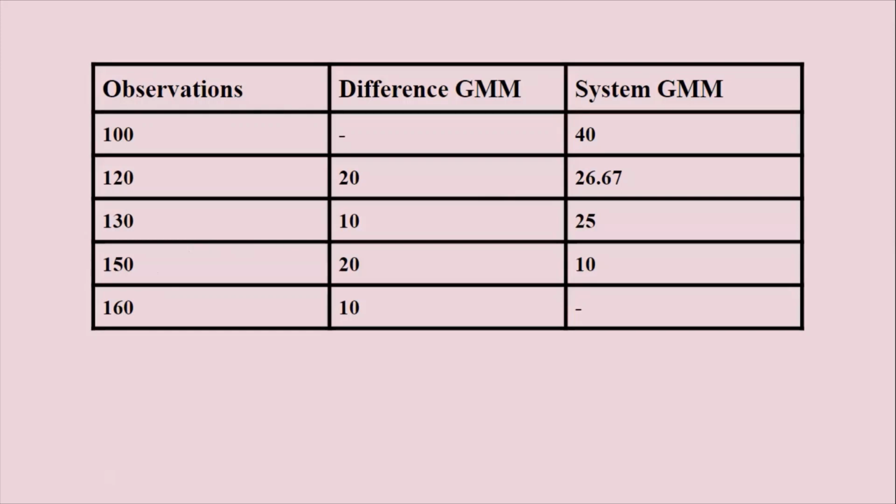But still it minimizes the loss of data, because suppose you are dealing with an unbalanced data set, you can take the average of all the available future observations. But in case of difference GMM, if the next observation is not available, you can't do the difference, right? So I hope you are getting my point. This is how the observations are calculated in the software for difference GMM and system GMM, and this is how both these techniques control the endogeneity problem.